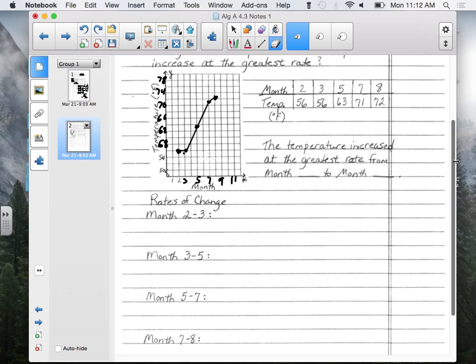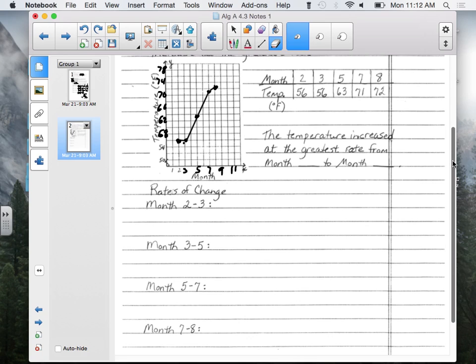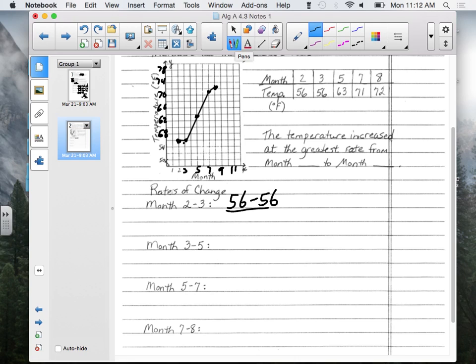So, just like we did on the other side, what's our y value? Temperature, right? So that one goes upstairs, so we have 56 minus 2 over 2 minus 3.